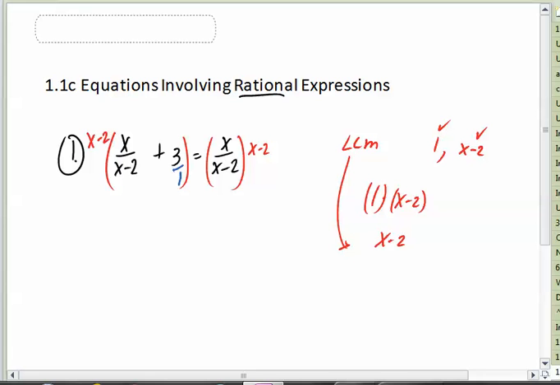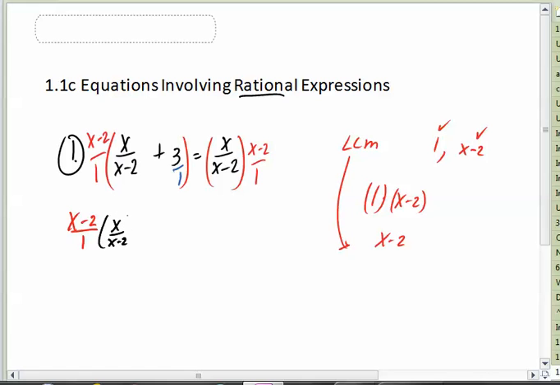I'm going to multiply both sides by it, and I'll put it over 1. I'm going to give an extra step that maybe some of you won't use every time, but this is just for clarity. So here we go. We have x minus 2 over 1, and then I have the distributive property.